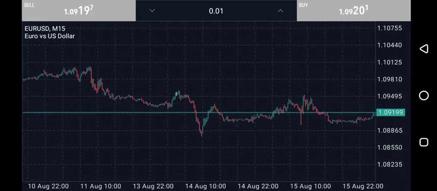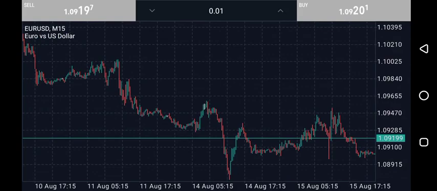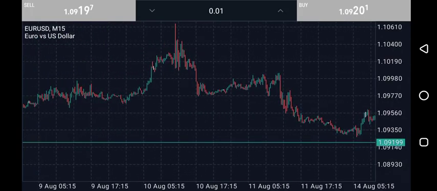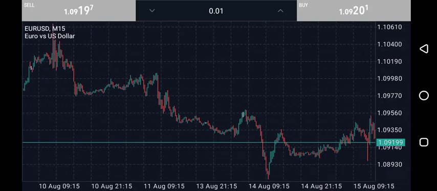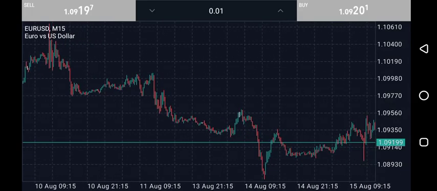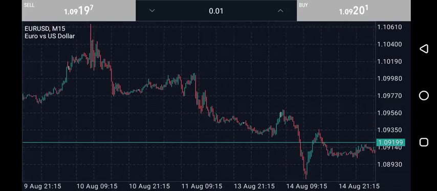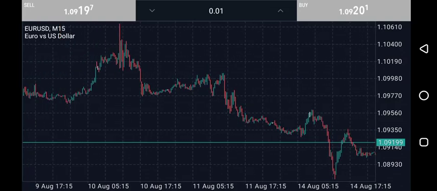As you can see, this is how your chart should look. Once you go to your chart, this is your USD, a major pair in the forex market. What you need to first understand is the movement of the market, the market structure.